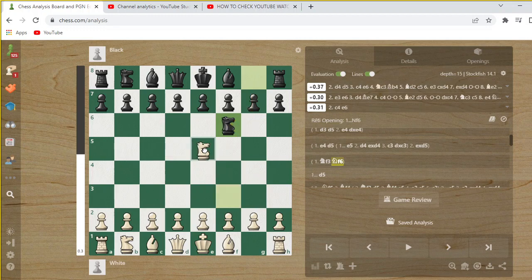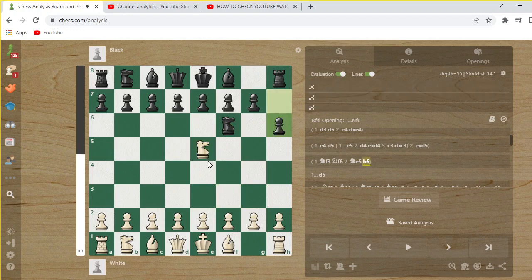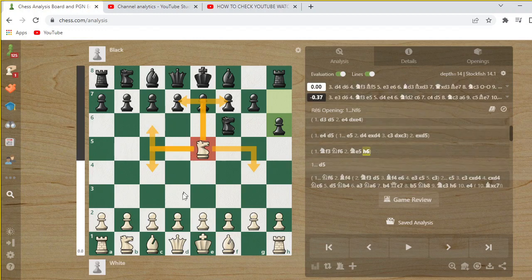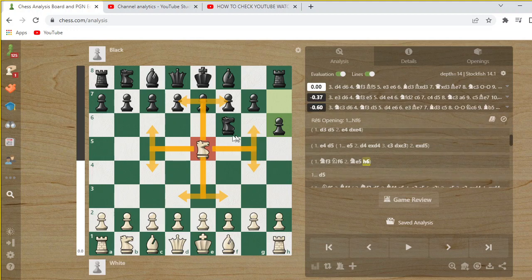If my knight is in the middle, let's play a stupid move, my knight can go to 1, 2, 3, 4, 5, 6, 7, 8 squares.